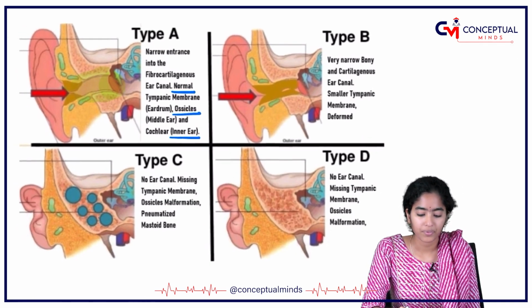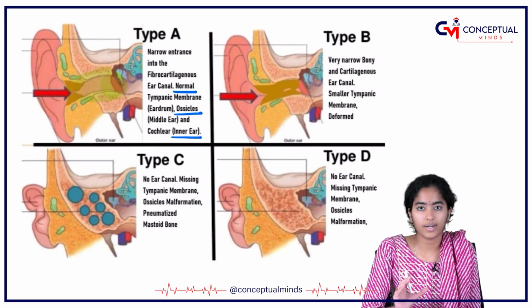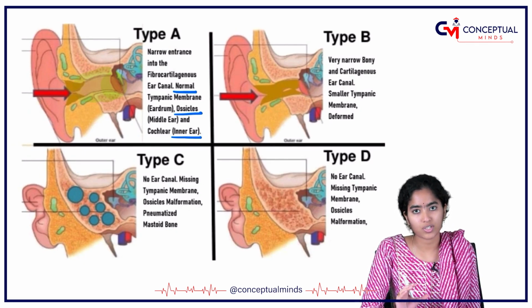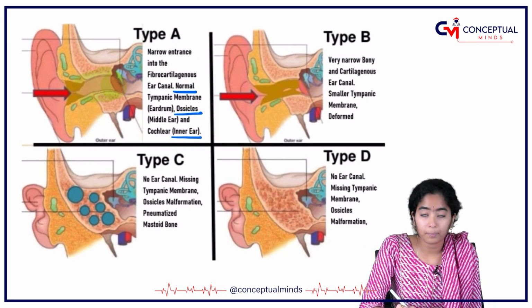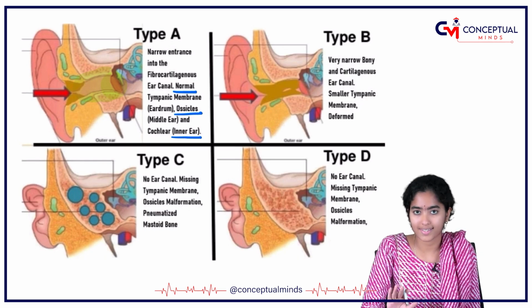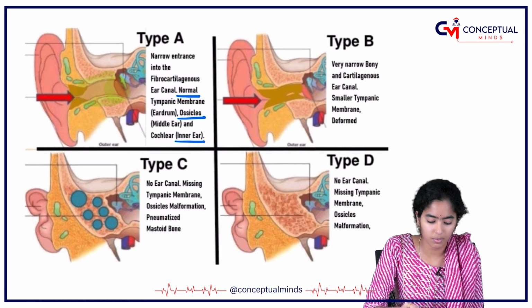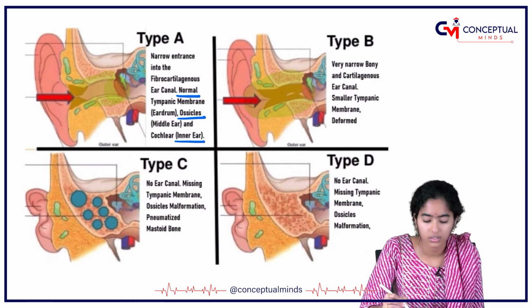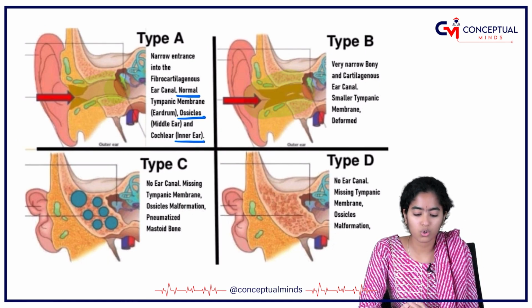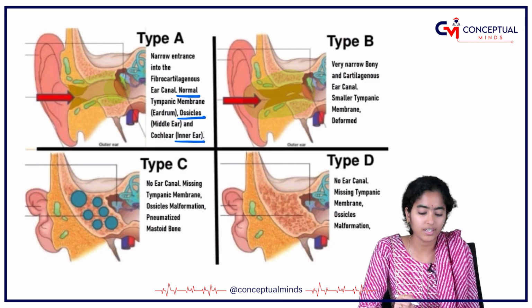Next, type B. Both the outer and inner part, the bony part and cartilaginous part, have become very much narrowed. And the tympanic membrane is also small. It is there, but it is small, as you can see in the picture. This entire part has become narrowed, or it is occluded. Canalization has failed to occur.